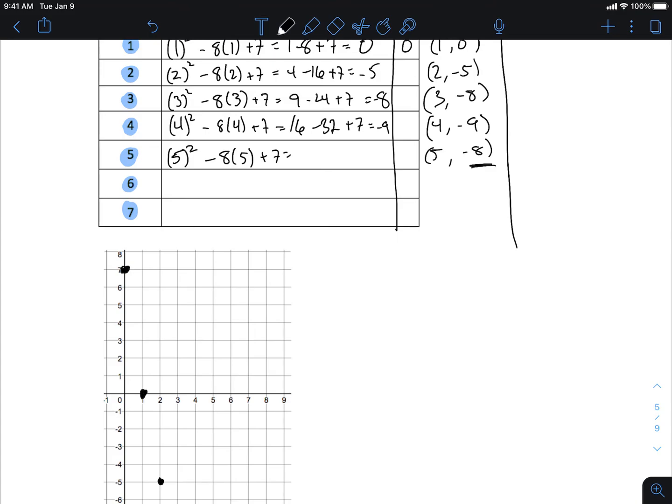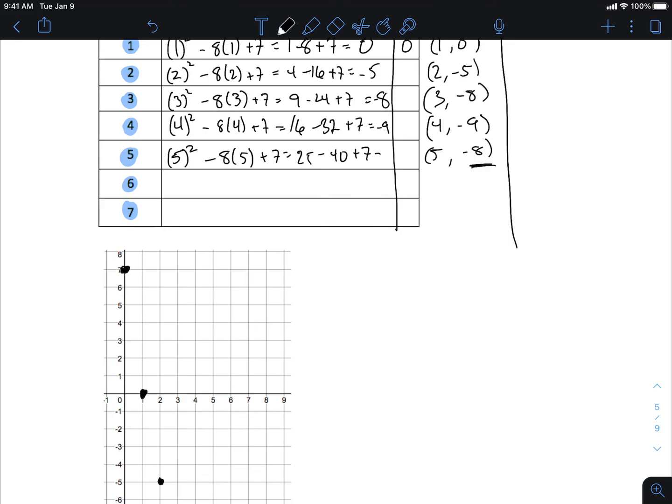You're going to get 25 minus 40 plus 7. Okay? Should get negative 8.